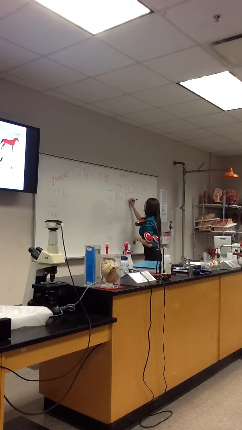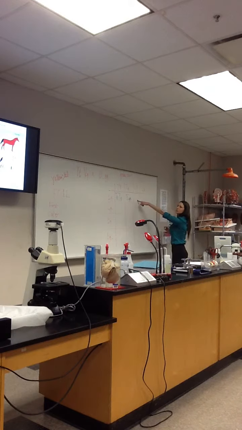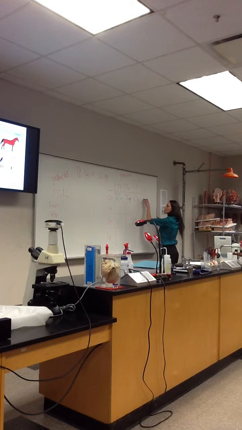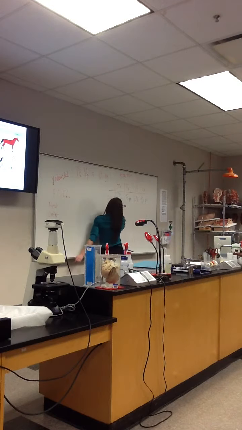Big T, little y, little y. Little t, big Y, little y. Here. Little t, little t, little y, little y. Go all the way down. Big T, little t, big Y.